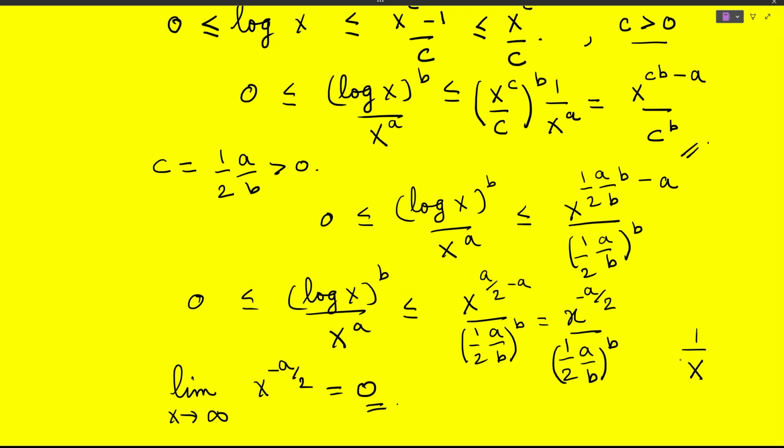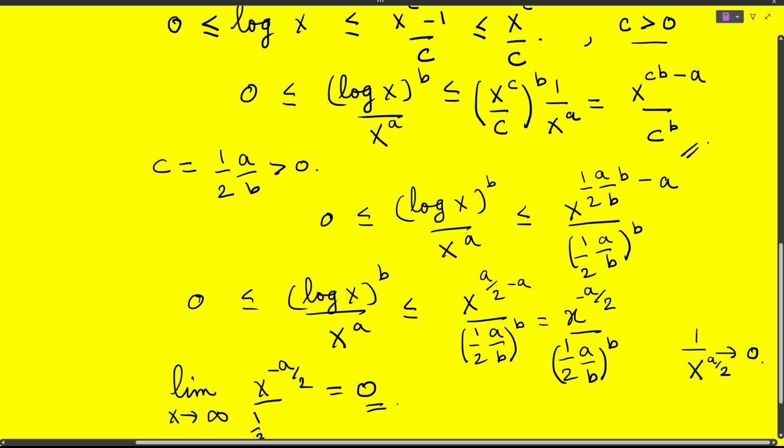So when x becomes bigger or x tends to infinity, this tends to 0, right? So that's the same case when you have x raised to a by 2 or any such number. As x tends to infinity, this ratio tends to 0. So this particular limit goes to 0, right?